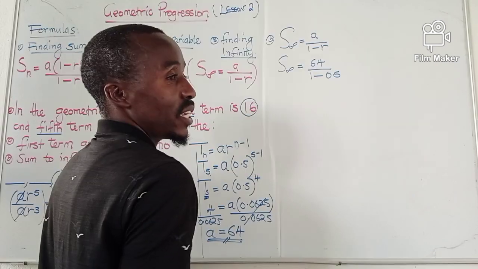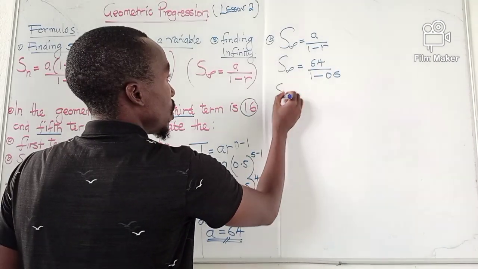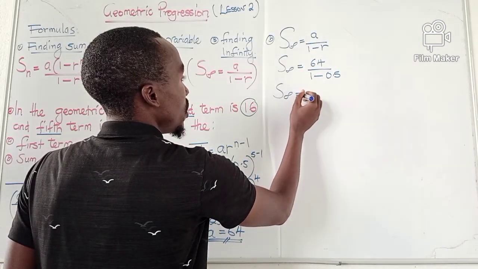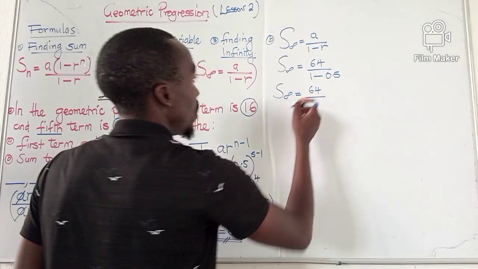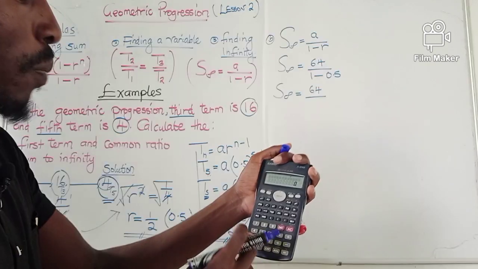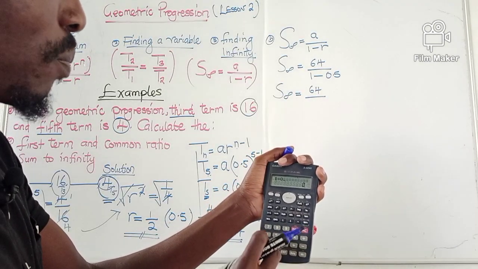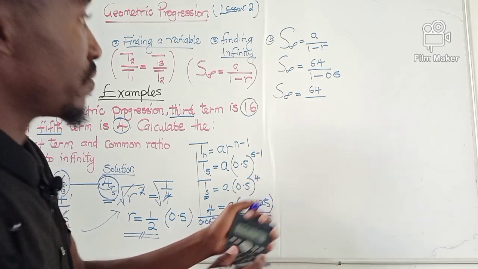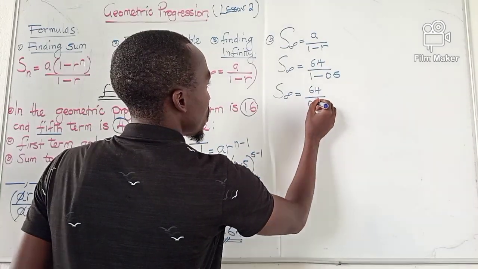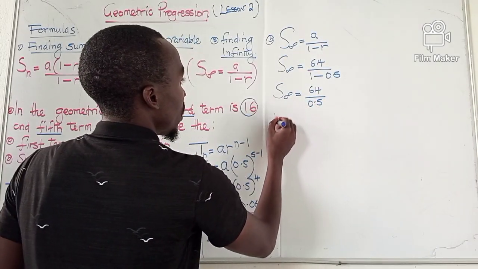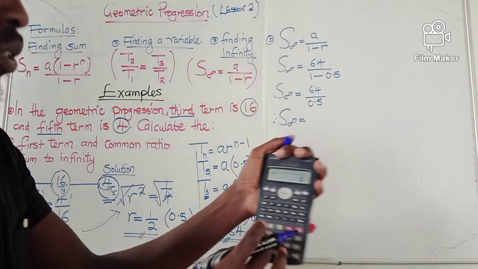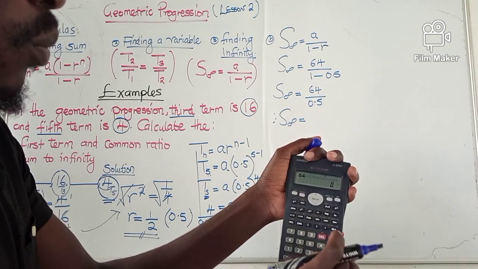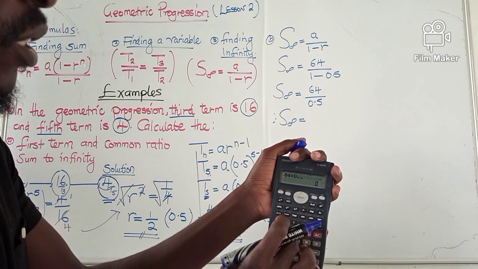Now decimals are easier to use. So our sum to infinity will be equal to 64 over, when you punch 1 take away 0.5, it gives you 0.5. So we say 64 divided by 0.5.